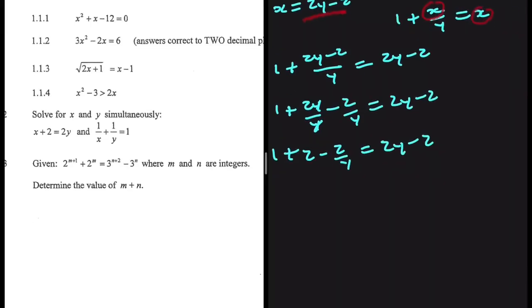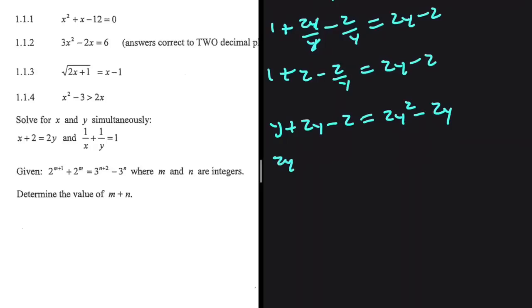We can multiply the left-hand side and the right-hand side by y. If we do that, we're going to get y plus 2y minus 2. The y and y are going to cancel out, being equal to 2y squared minus 2y. We're going to have 2y squared minus 5y plus 2 being equal to 0.